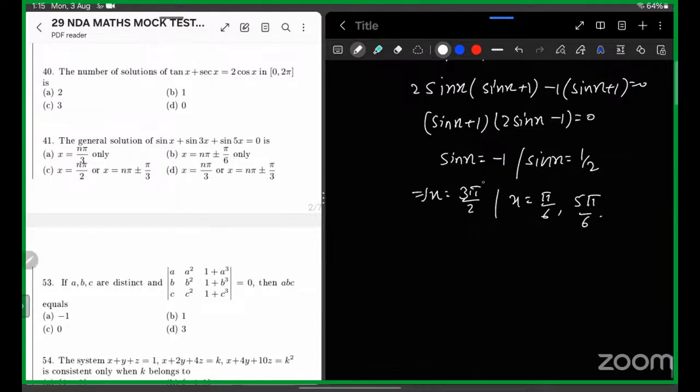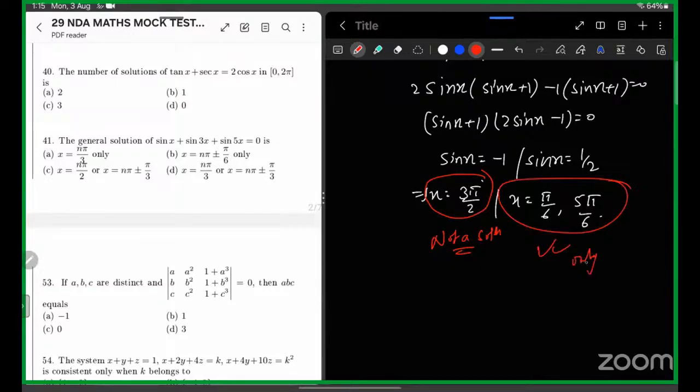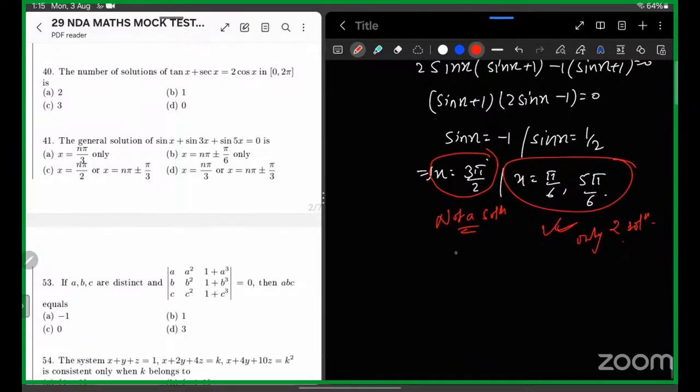You cannot take this value as a solution. This is not a solution. Only two solutions. Which option can you take? Option A.